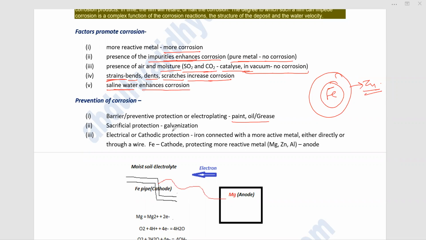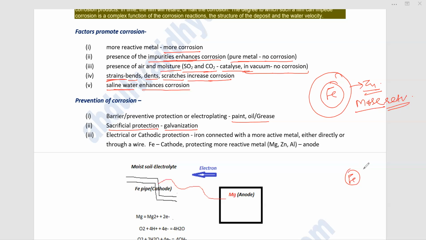Zinc itself is sacrificing to save this iron, so it is called sacrificial protection. Zinc is more reactive than iron.